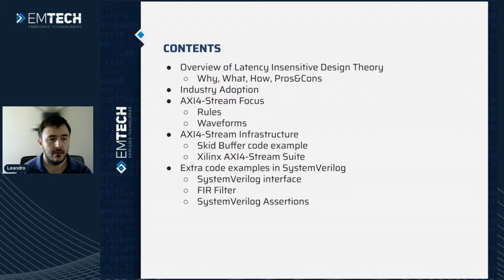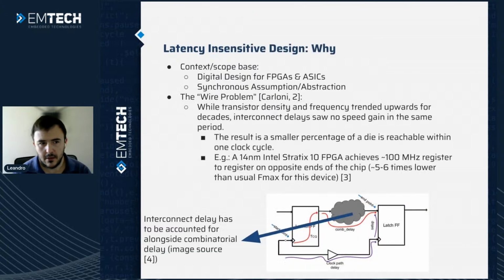And lastly, we're going to show some code examples in SystemVerilog for an interface for AXI4 stream, some assertions inside the interface, and a very trivial implementation of a finite impulse response filter.